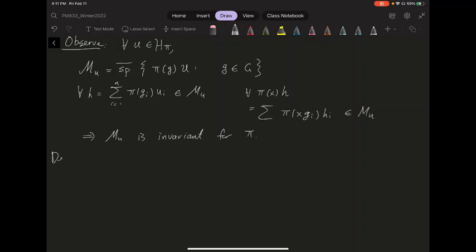So here's the definition. If I have a unitary representation pi from G to B of h pi, we call it cyclic if I can find a vector u, which is usually non-zero, so that h pi is equal to M of u. As long as I have one vector that spans the entire space, I call it cyclic.